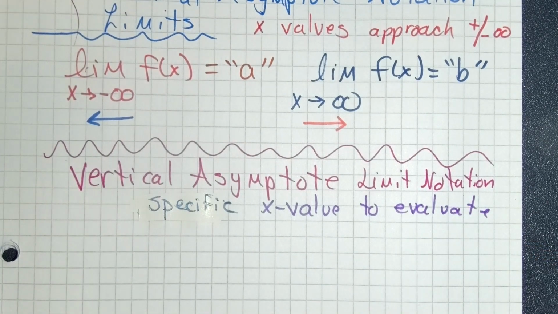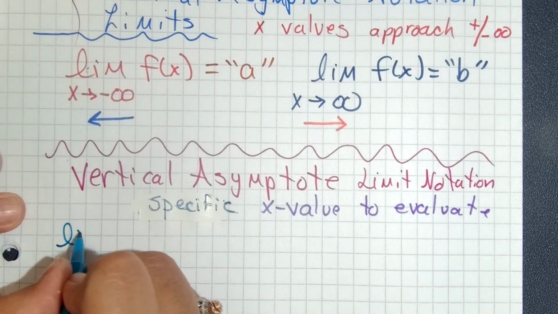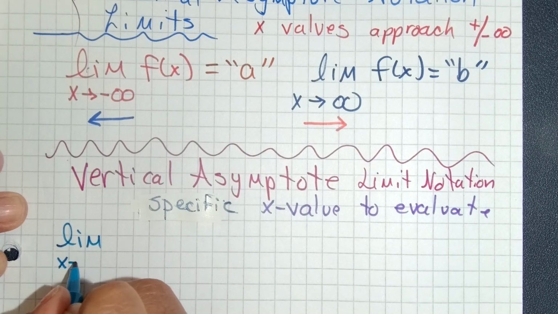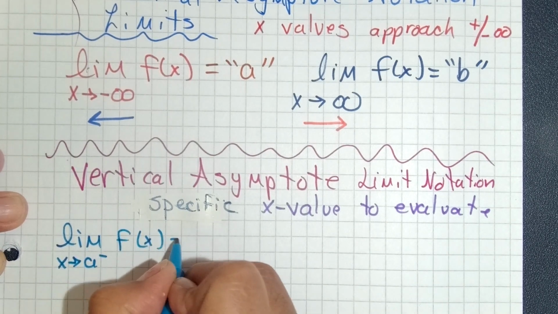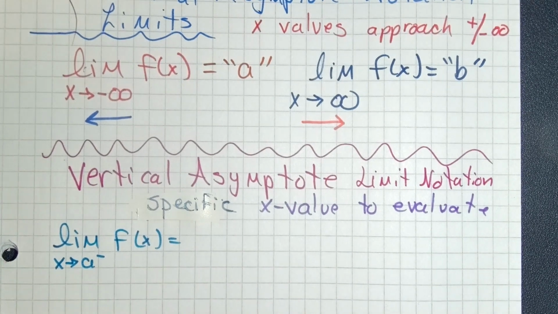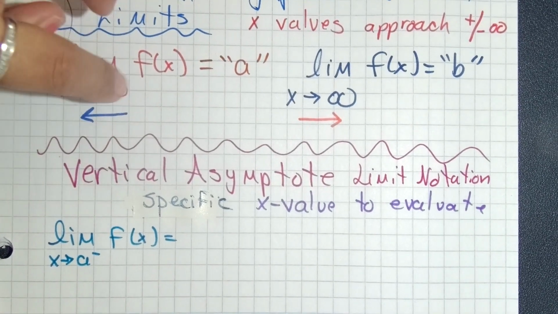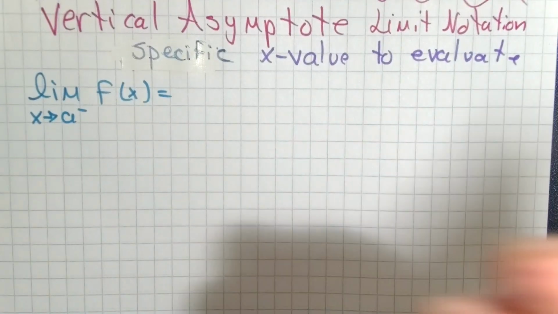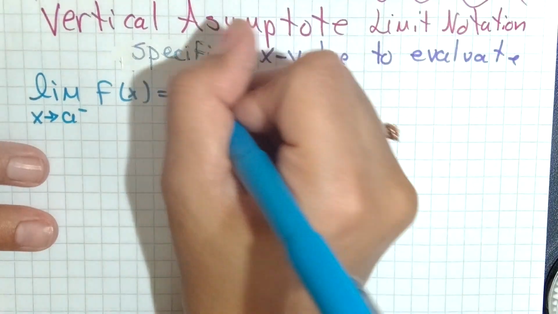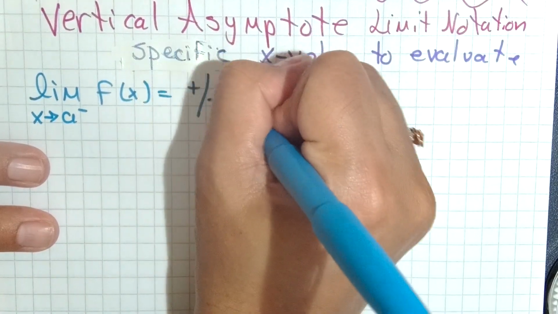So we have a specific x value here to evaluate. The first one is the left side limit, like always: x approaches a from the left of f of x. Does everybody have this one at top? Okay. Now, we're going to have either positive or negative infinity.